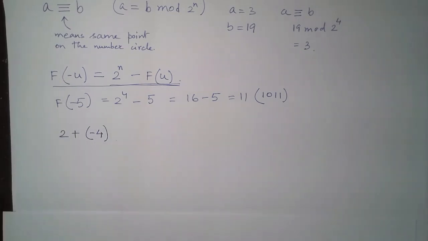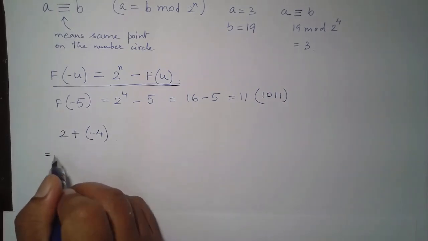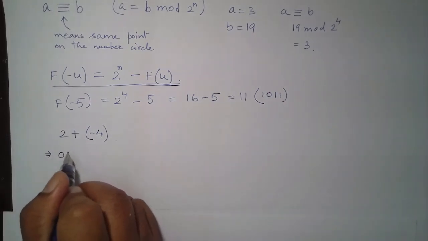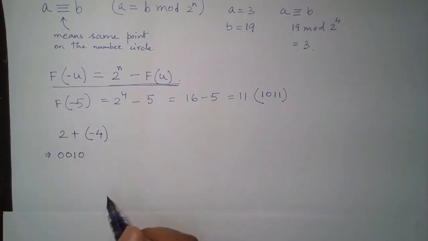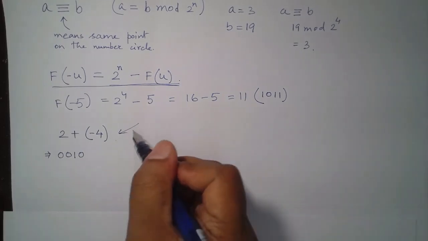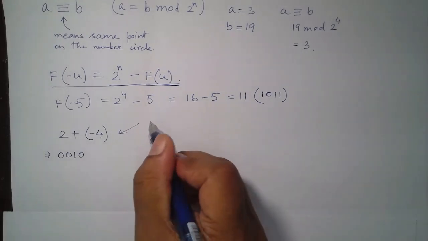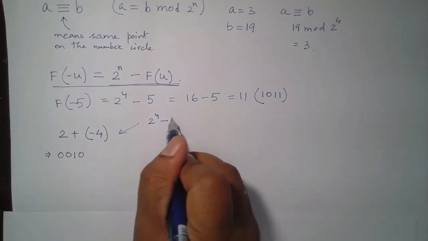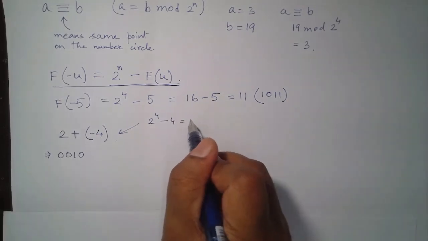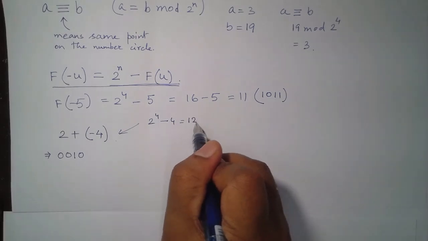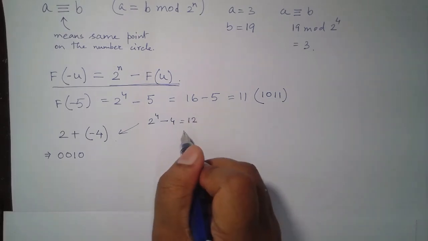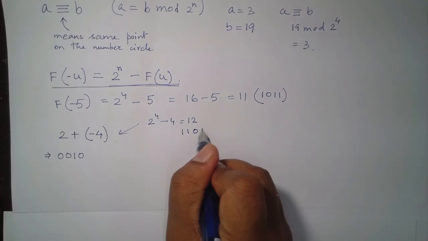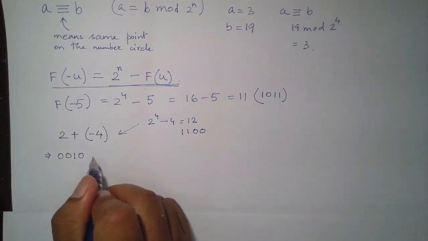All right. So what are the notations? 2 is represented as this, 0010. How about -4? Please keep practicing this. 2 to the power 4 minus 4, which is 16 minus 4, which is 12, and the binary representation of 12 is 1100.